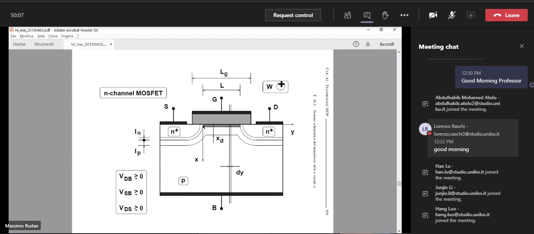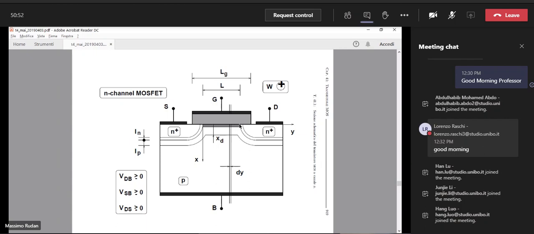This boundary intercepts the interface between semiconductor and oxide at this position. This position is taken as the origin of the reference, and we take the x-axis, as we usually do, oriented from the interface to the bulk. And then we take the y-axis, you see it here, horizontally, starting from the origin placed, as we said before, in this point.